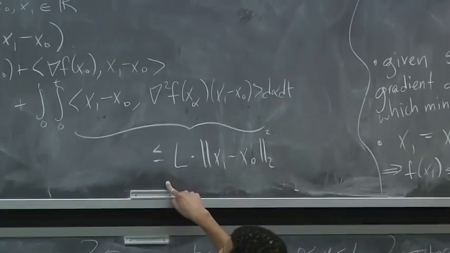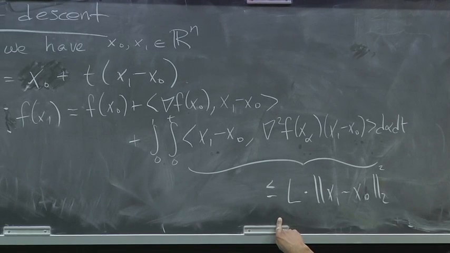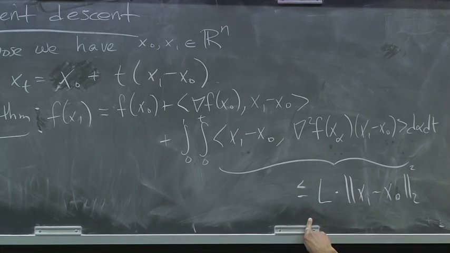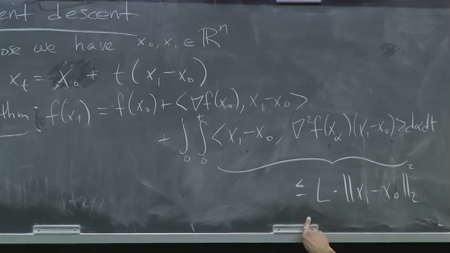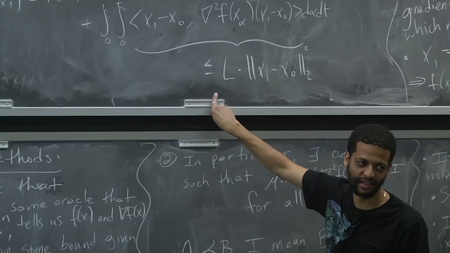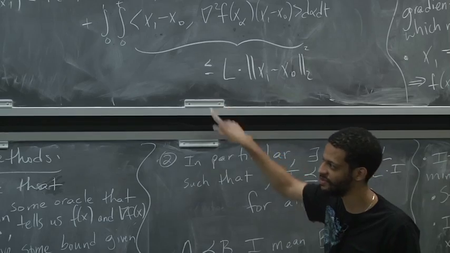Okay. So on the one hand, we said that this thing is at most something. It's also at least something, right? Do people agree with me? Okay, so what changes if I want to put the inequality in the other direction? Yeah, L changes to mu.